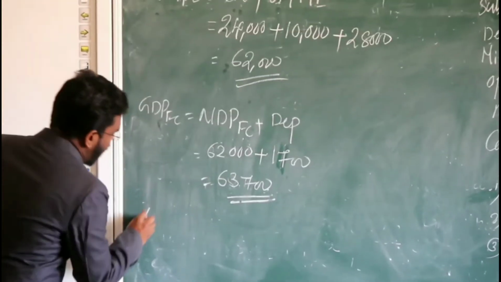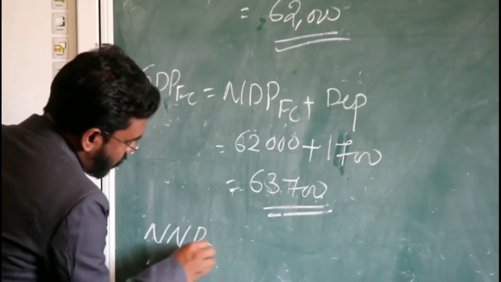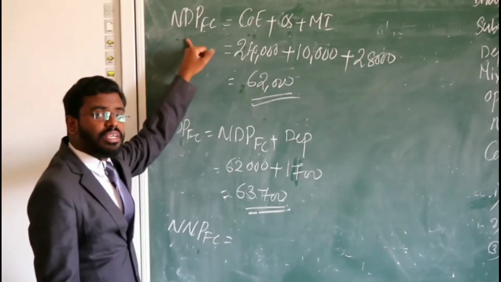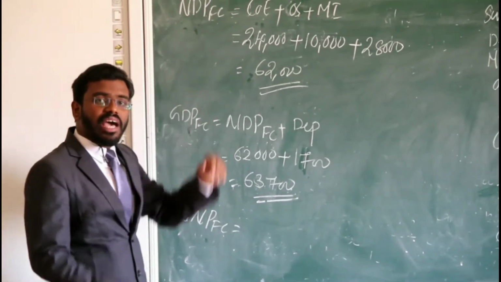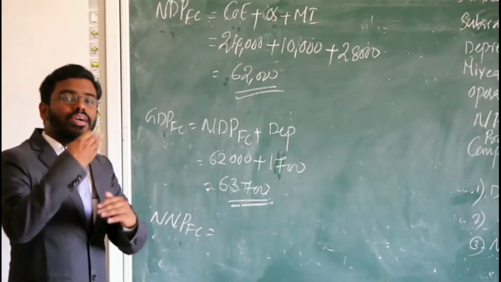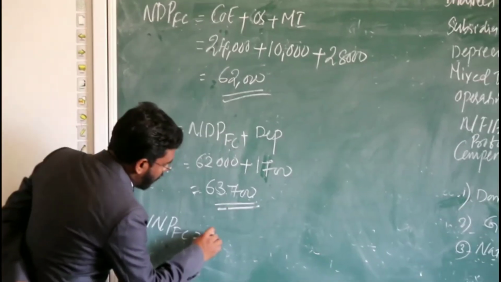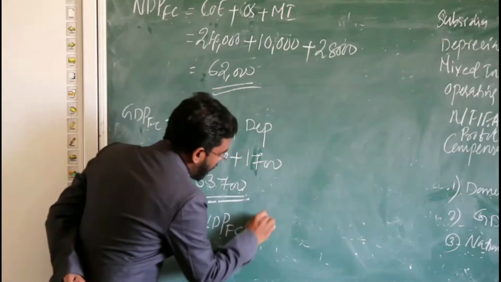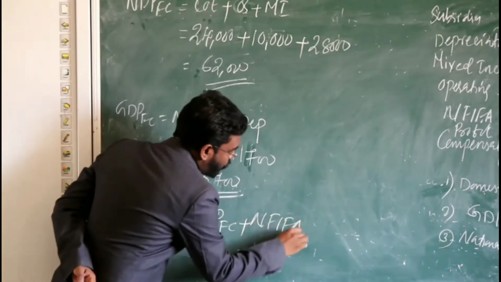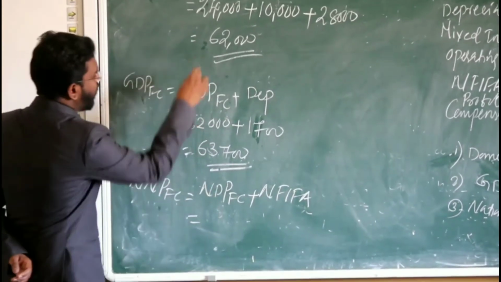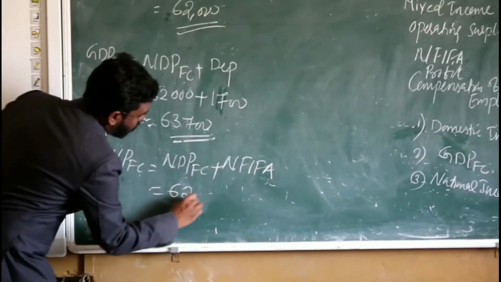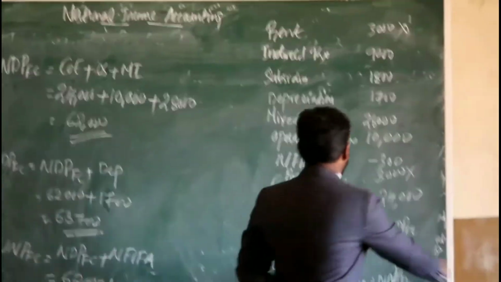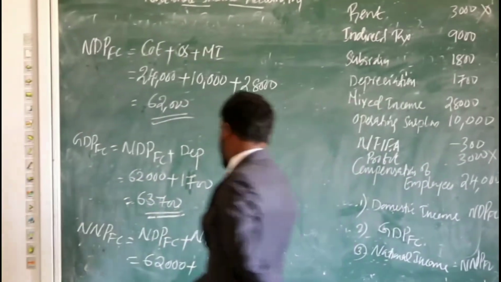Next one, third question: calculate national income. National income means NNPFC. This NNPFC we can calculate from NDPFC, that is domestic income, just by adding NFIFA. So NNPFC is equal to NDPFC plus NFIFA. That is equal to NDPFC, that is 62,000 plus NFIFA, that is minus 300.